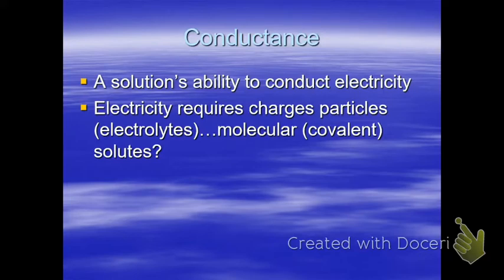It's the difference between an ionic solute and a covalent solute. Ionic, ion. They have charged particles in them. So when an ionic compound dissolves, ions are released into the solution, into the solvent, and it can conduct electricity.